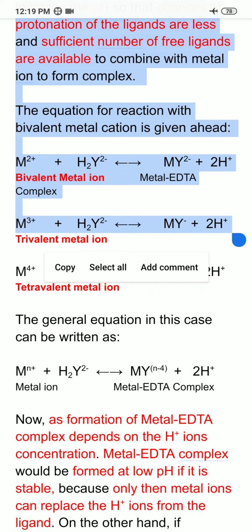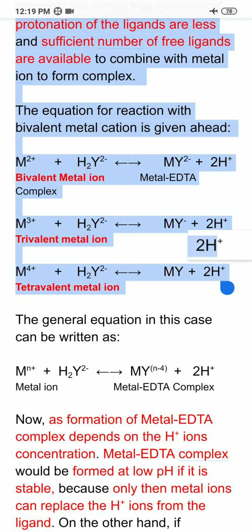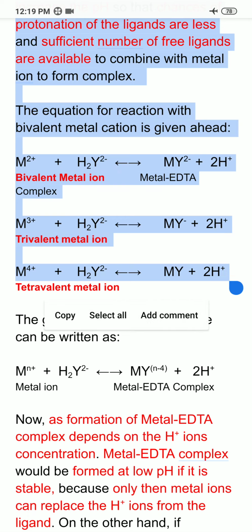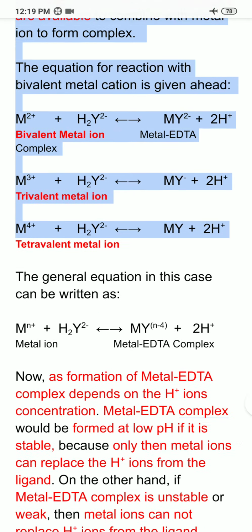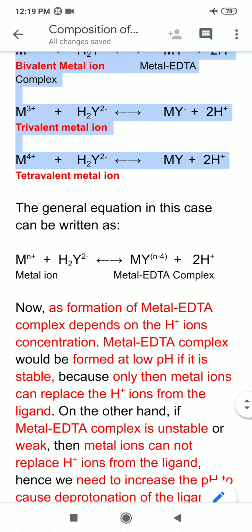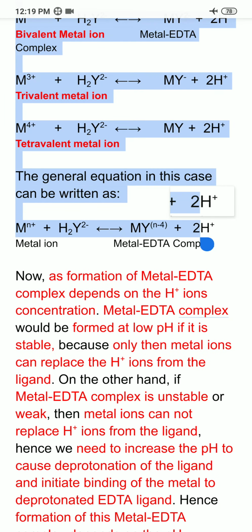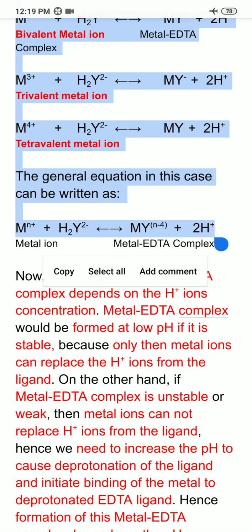And if we have a tetravalent metal ion M4+, then on combining with disodium salt of EDTA, it will form the metal EDTA complex represented by MY. So the general reaction in this case I can write: Mn+ plus H2Y2- will form MY raised to the power n-4, the metal EDTA complex.